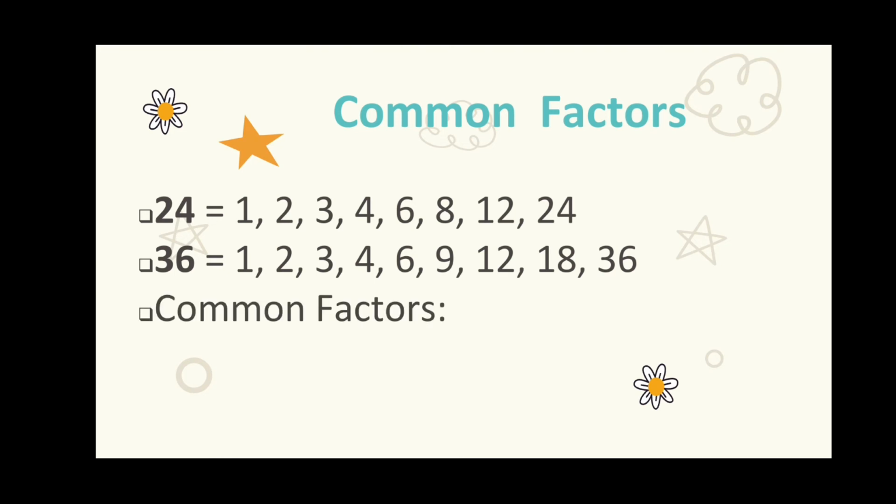Now, what are the common factors of 24 and 36? So, titingnan lang natin ang mga factors ng dalawang number na ito at i-identify natin kung ano-ano ba yung mga factors na pareho sila. And the common factors of 24 and 36 are 1, 2, 3, 4, 6, and 12. So, those are the common factors.